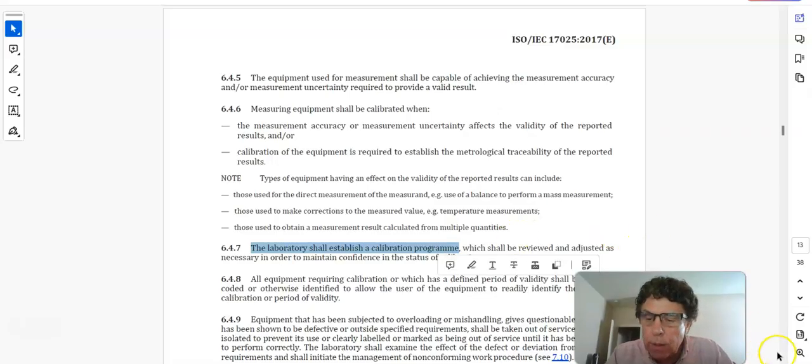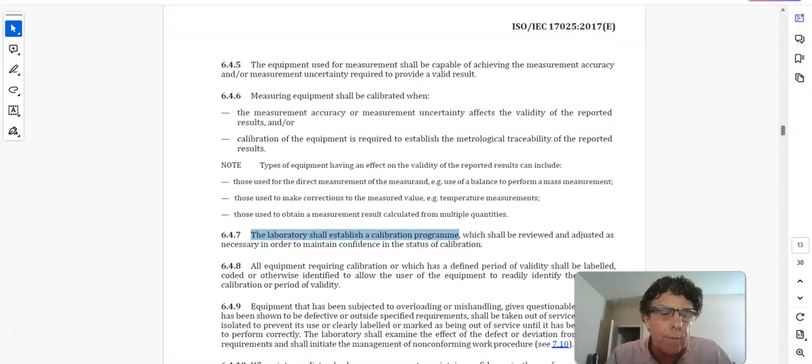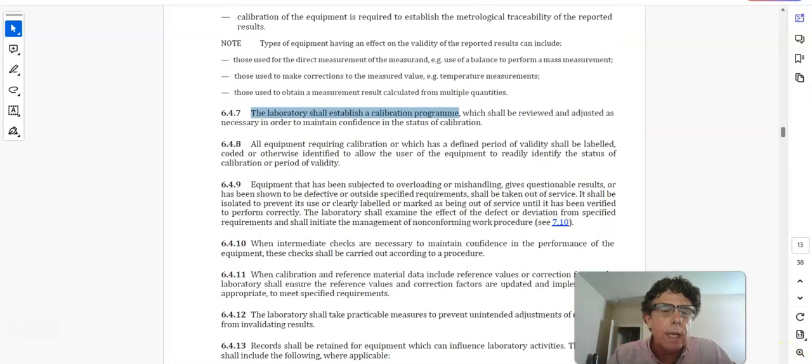And then one big one that's oftentimes misunderstood is section 6.4.8, all equipment requiring calibration. All equipment that requires calibration are measurement devices. Anything that gives you a measurement result is considered an item that you need to have a calibration program for.